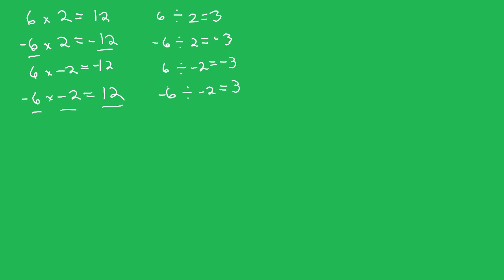Now I'll go over a couple more points before I go to fractions. So if we're dividing two real numbers, real number A and real number B, we can express it like this or like that.